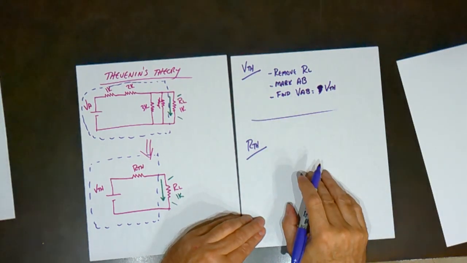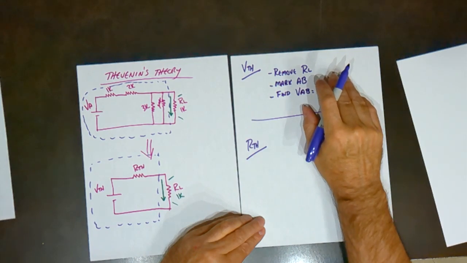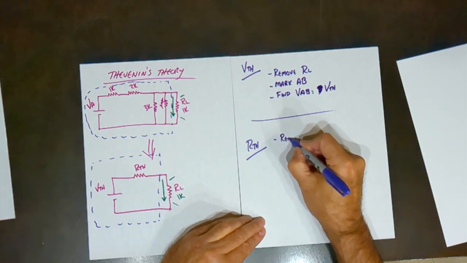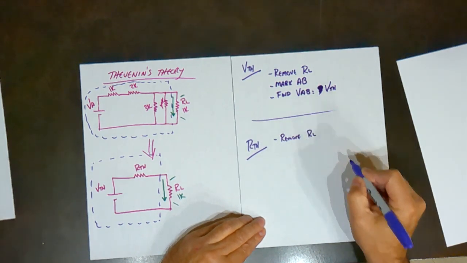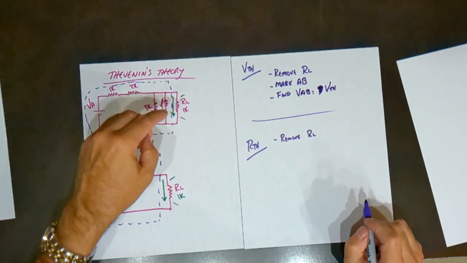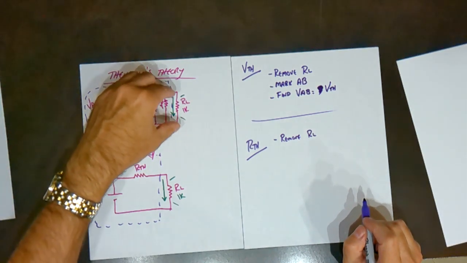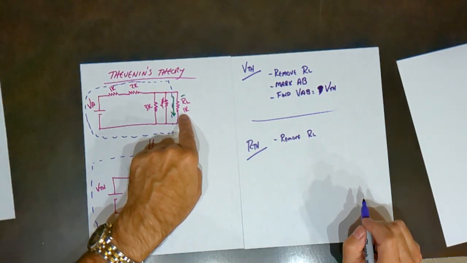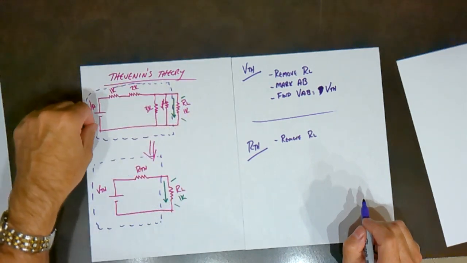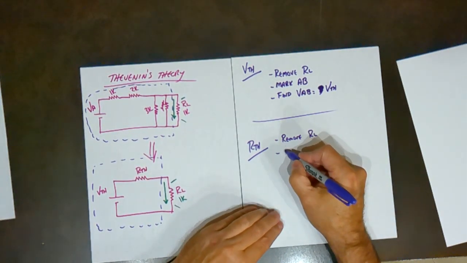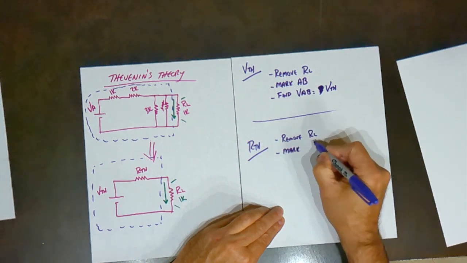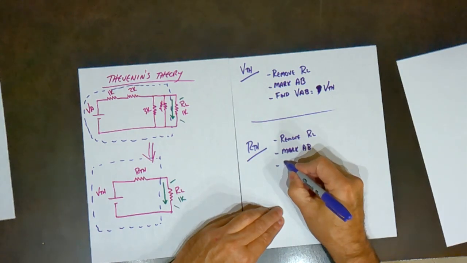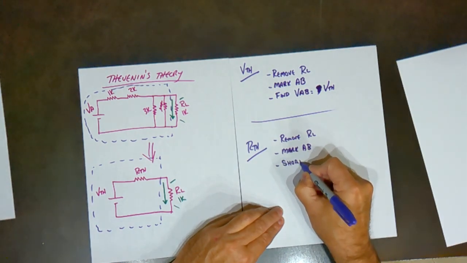Thevenin's resistance is a completely different scenario. We're calculating a new value. Its procedure: remove the load. Again, we remove the load because we're trying to simplify what's inside the purple box, and the load is outside that box, so we don't want it in the calculation. We remove the load and mark it A, B. Next thing we're going to do is short the source.